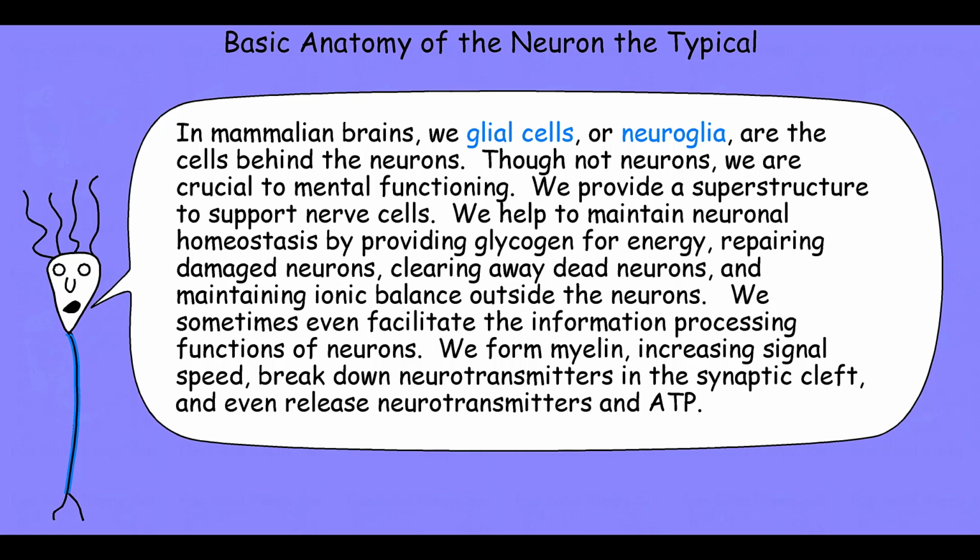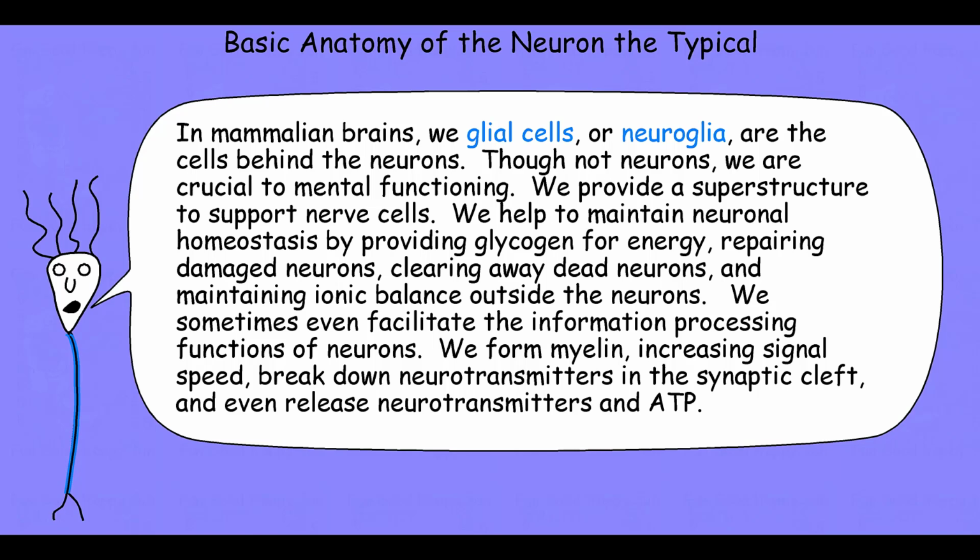Glial cells sometimes even facilitate information processing functions of neurons. They form myelin, increasing signal speed, break down neurotransmitters in the synaptic cleft, and even release neurotransmitters and ATP.